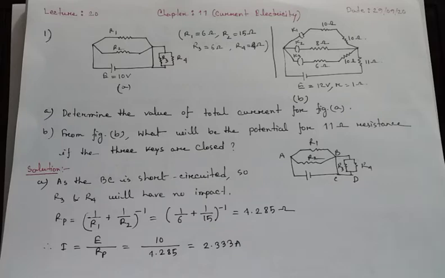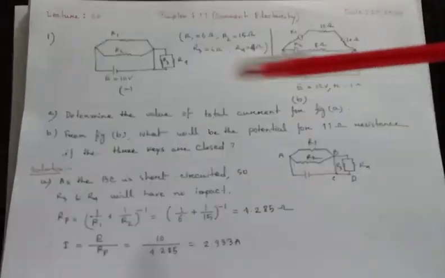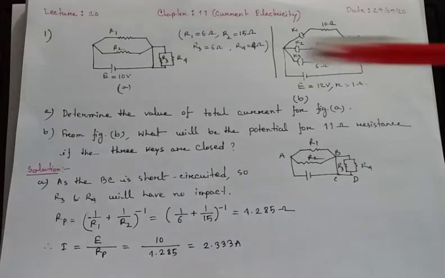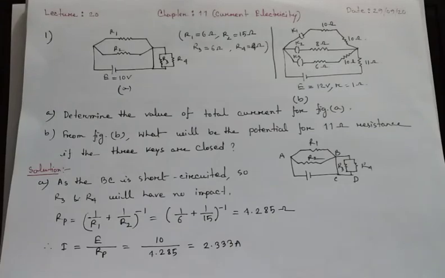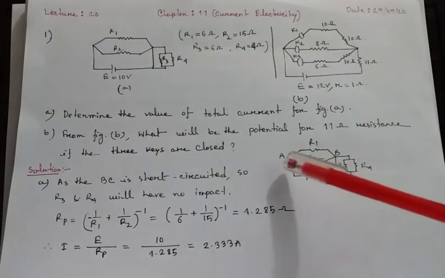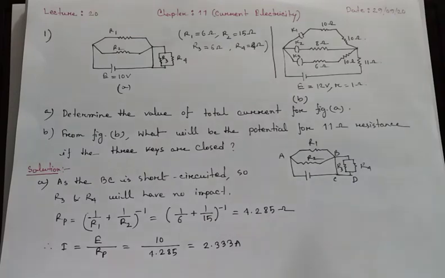We will make a parallel combination, or equivalent resistance, for this pair, and we will try to find the equivalent resistance for this pair also. Now if I just mark some points in this circuit: first point is A, second point B, C, D. I have pointed all the nodes here.